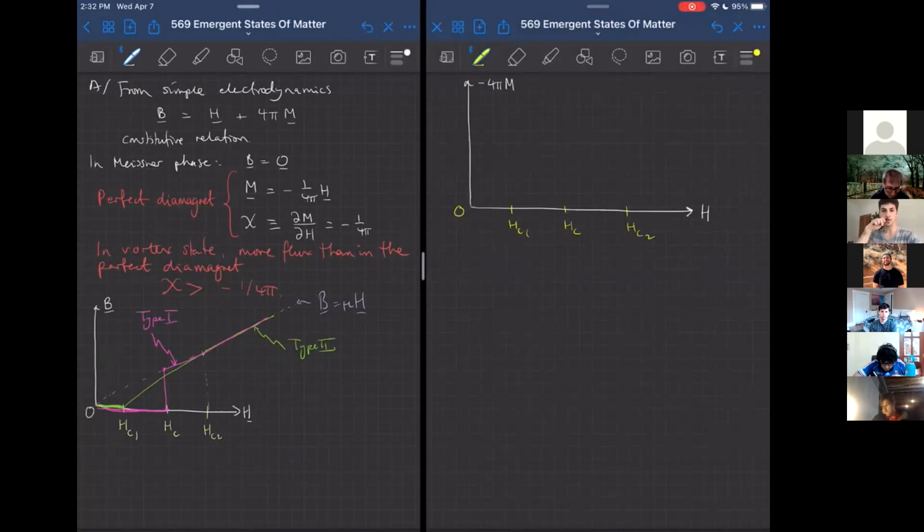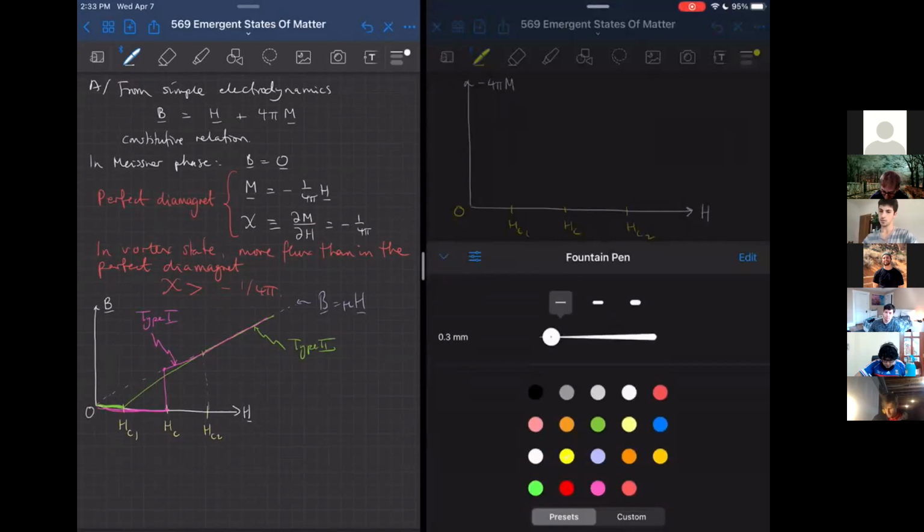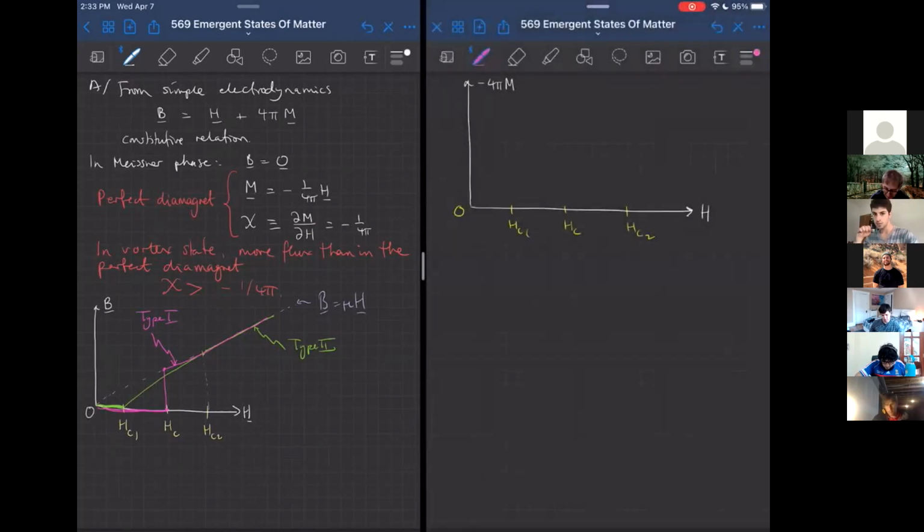And now for the type 1 superconductor, it literally goes as minus 4 pi M up to HC. So we're going to get a curve that goes like this. And once you get to HC, then it comes down like so. So that's the behavior in type 1.